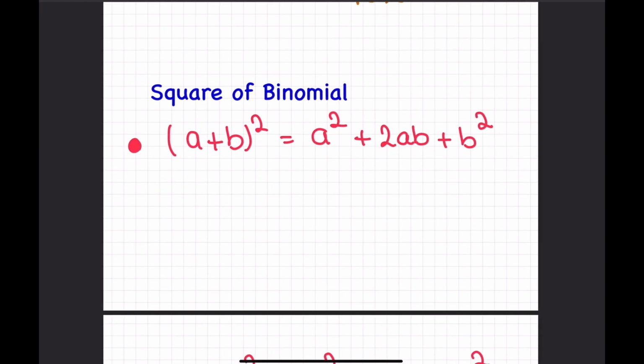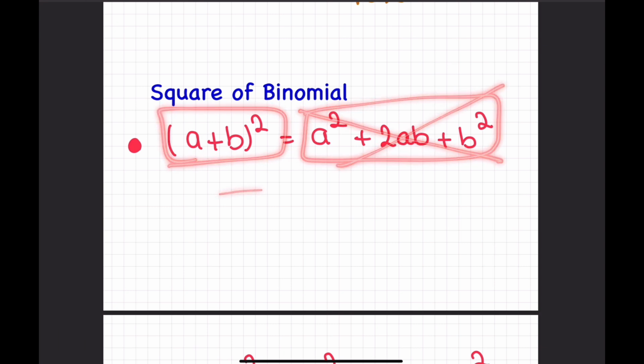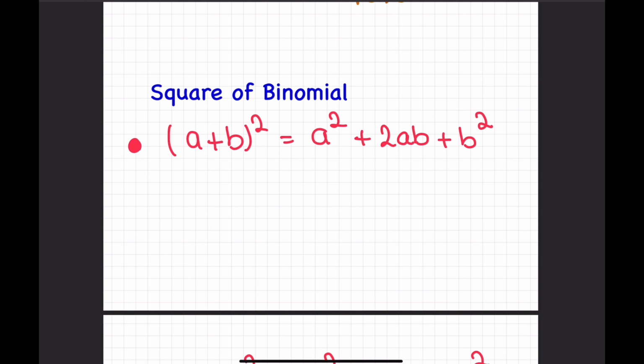The first one is (a plus b) squared equals a squared plus 2ab plus b squared. If you want to know where I got this answer, let's solve for it. (a plus b) squared is like a plus b times a plus b. This is why they call it a perfect square.